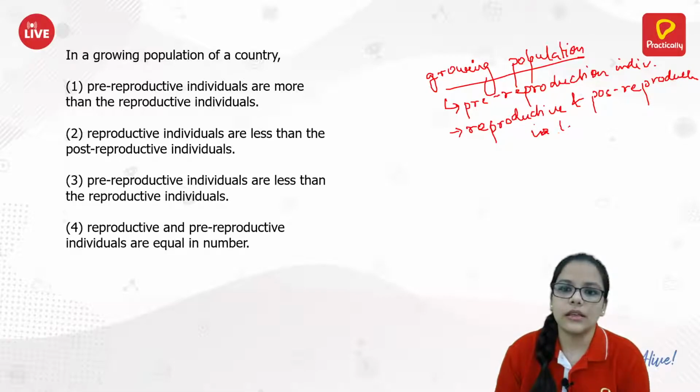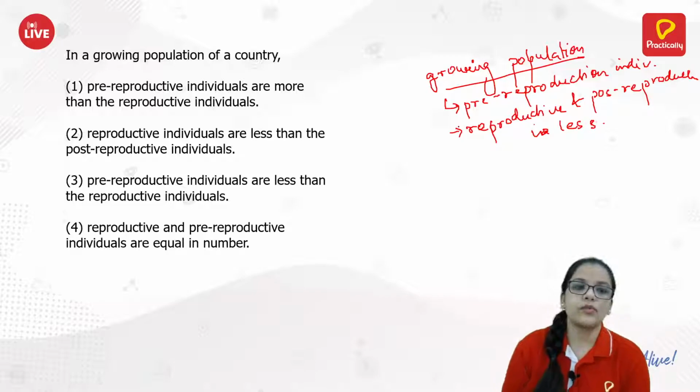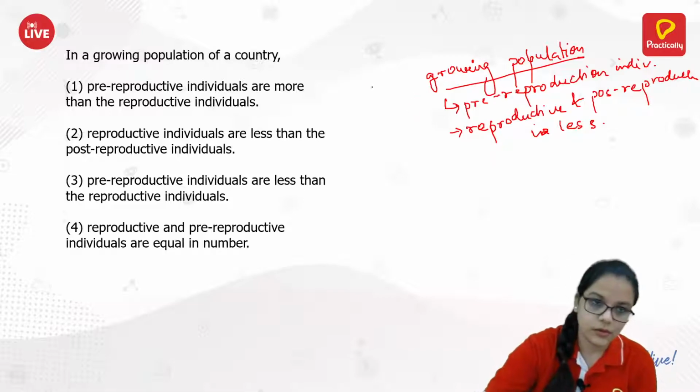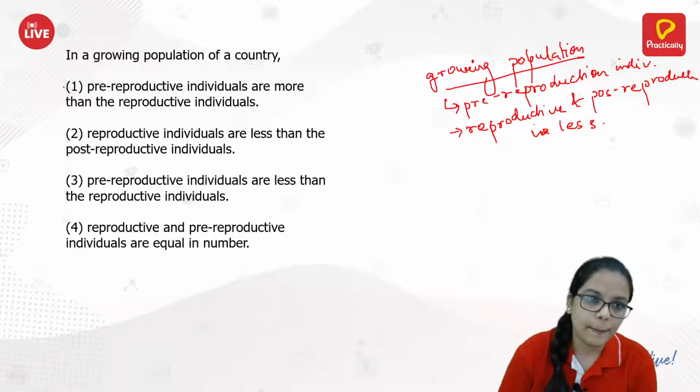So pre-reproductive individuals are more than the reproductive individuals. So that is the answer.